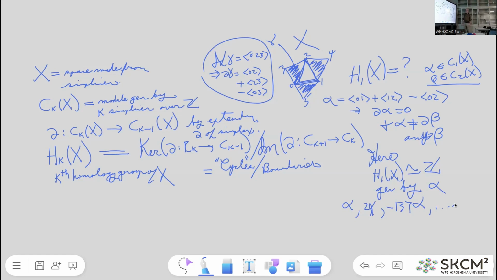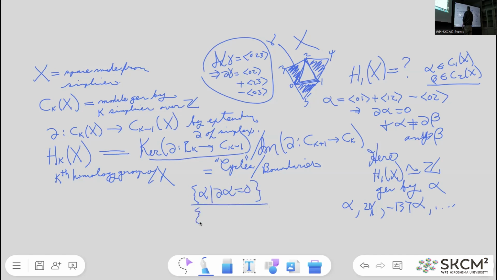Okay, so the idea of homology is that you measure the holes in the space. Those are the things whose boundary is 0, the kernel. So this is the set of alpha such that boundary alpha equals 0, modulo the set of alpha such that alpha is equal to the boundary of somebody else.